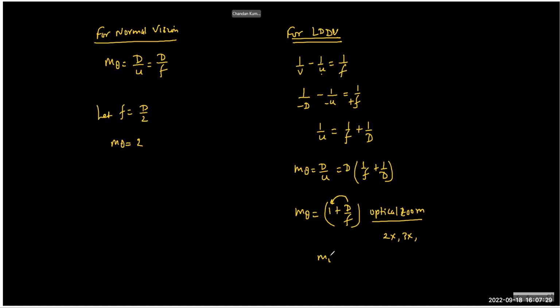But in this case, the m theta turns out to be 3. Now it is a huge difference. 2 times to 3 times is a huge difference. Although it looks like just 1, you are making a 1 kilometer size object into a 3 kilometer size object, which is really huge. So every camera comes with optical zoom, and mobile phone cameras nowadays are very much capable of achieving up to 3 to 4 optical zoom, which gives you the picture quality without blurring the image.